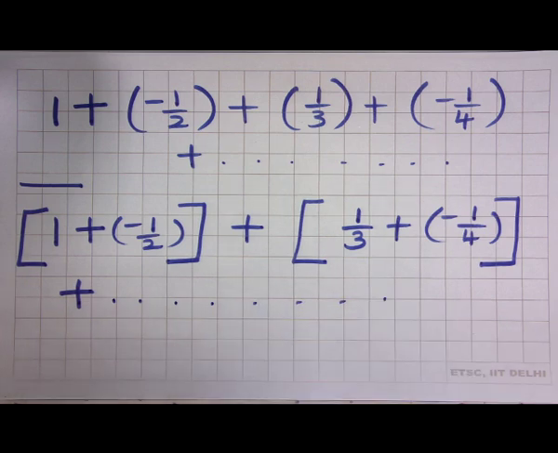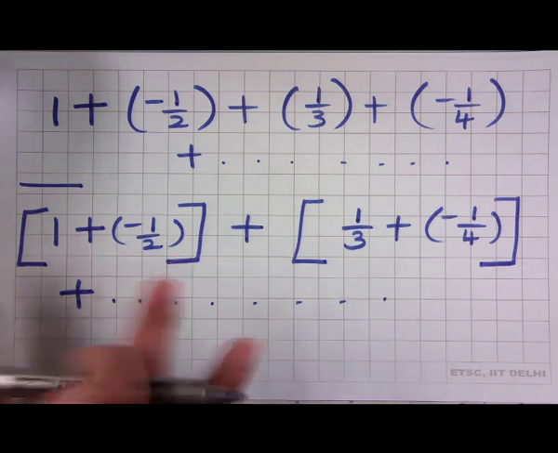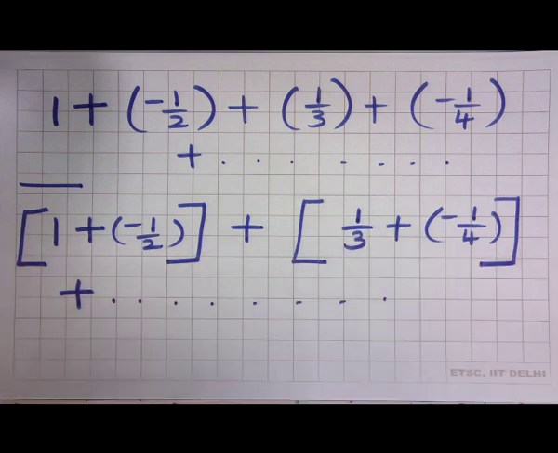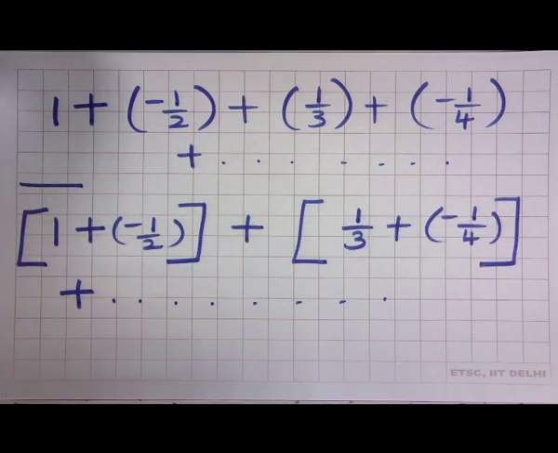With this particular grouping, one can observe that each sum in the parentheses is positive. So, intuitively, we feel that the given infinite sum amounts to a positive value.